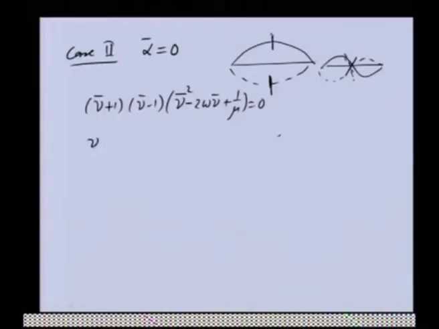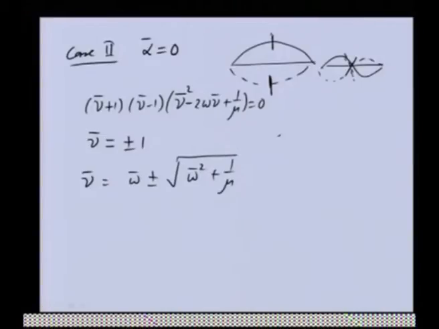So, this is giving us first two as nu is equal to plus minus 1, and the second one is giving us this expression.